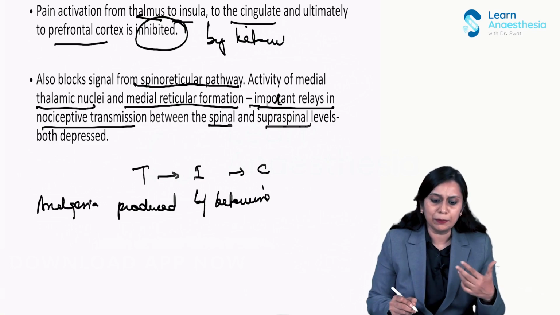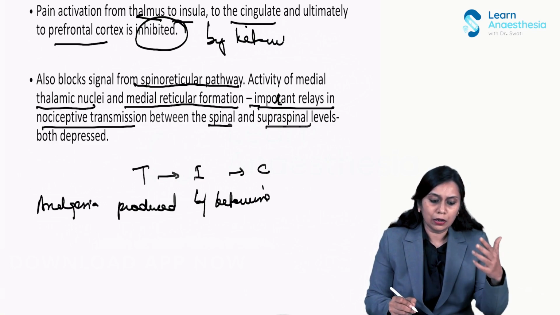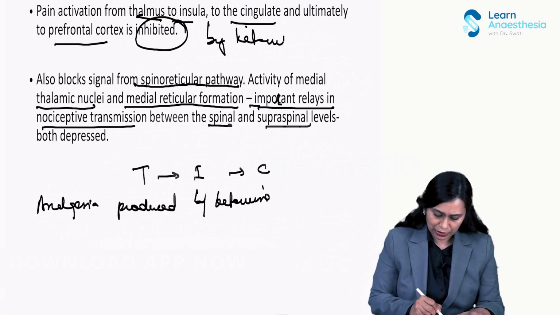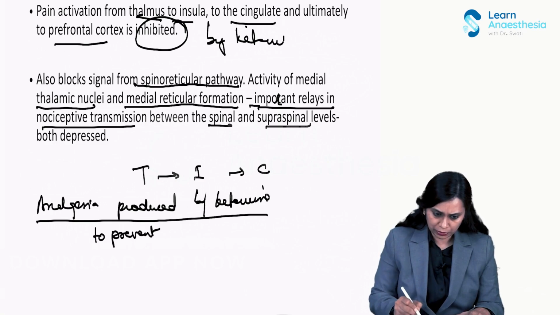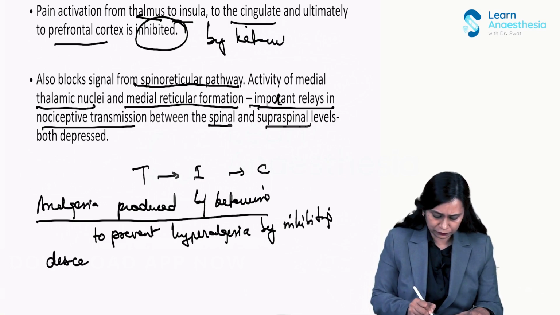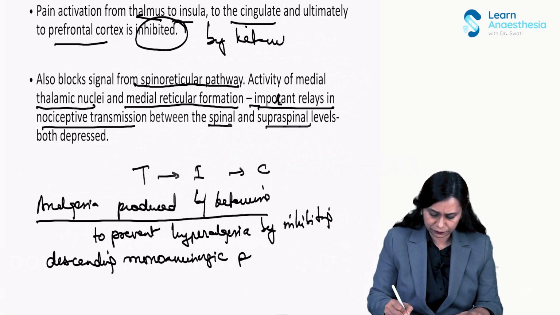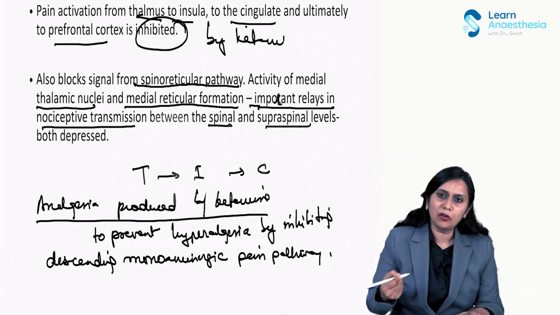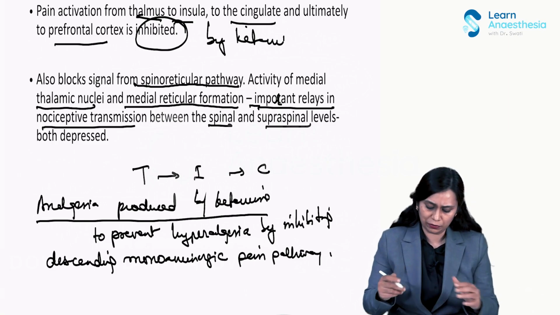One is by preventing hyperalgesia, by inhibiting the descending monoaminergic pain pathway, right? And it also provides analgesia through the NMDA pathway, okay?